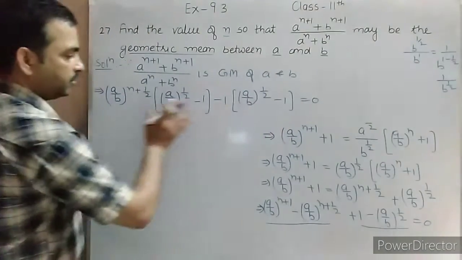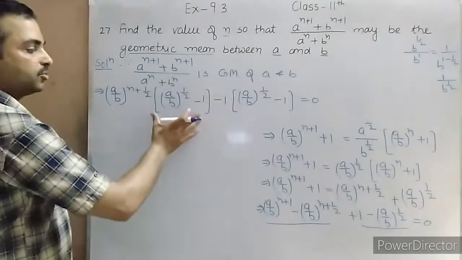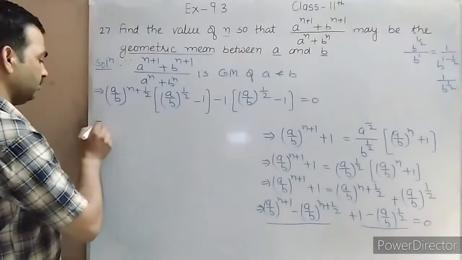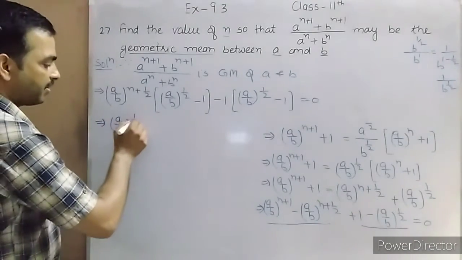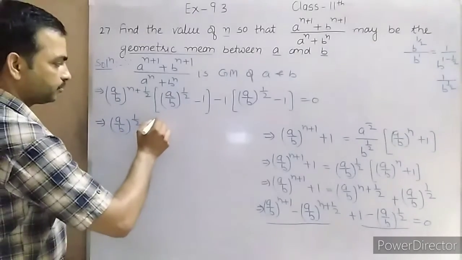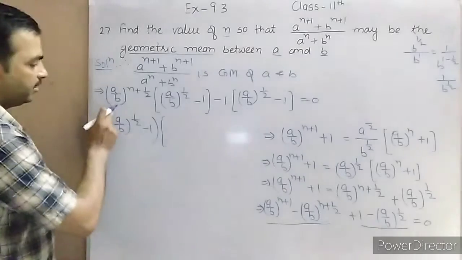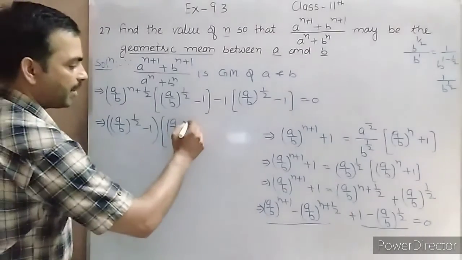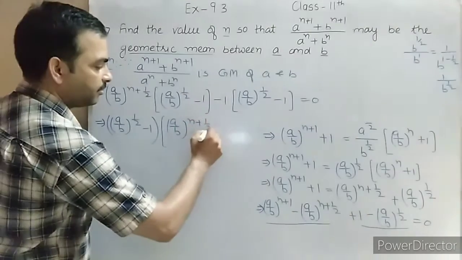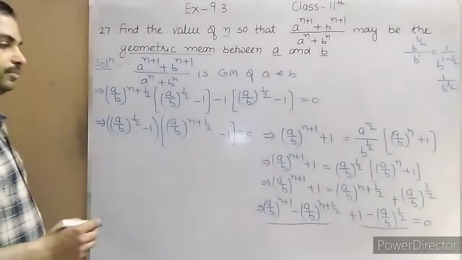From these two terms I can take the bracket terms common. So this equals (a/b)^(1/2) minus 1 as common. So I get within the bracket (a/b)^(n+1/2) minus 1 equals 0.